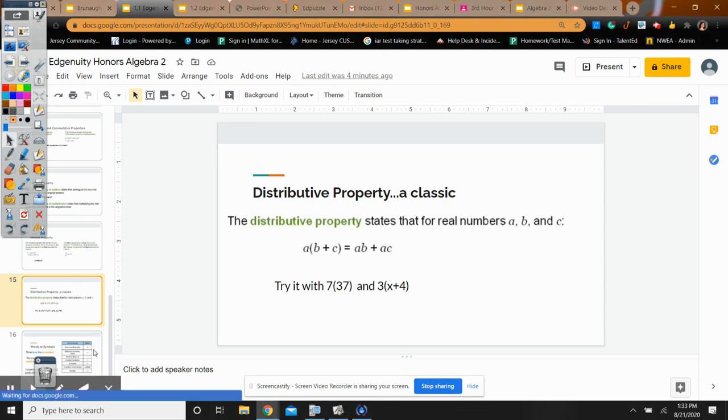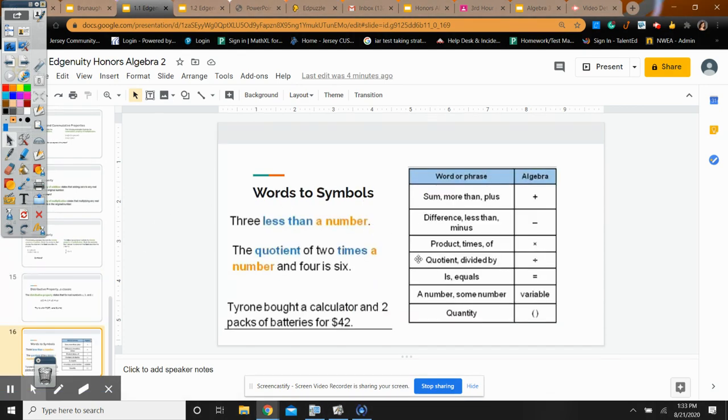And then the last thing here is talking about taking words to symbols. Kids struggle with this. It's on the SAT a lot. Subtraction and stuff is a lot harder. If they say 3 less than a number, everyone knows it's subtracting, but they forget which one to start with. 3 less than a number means you started with the number and then you lessed it by 3, which means you subtracted 3.